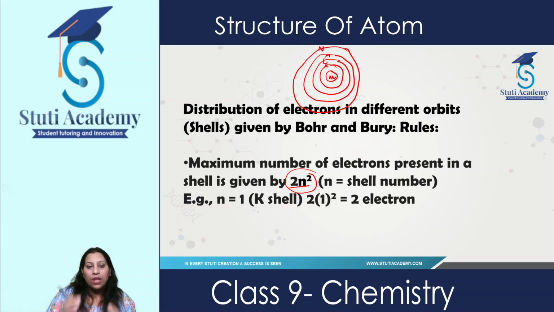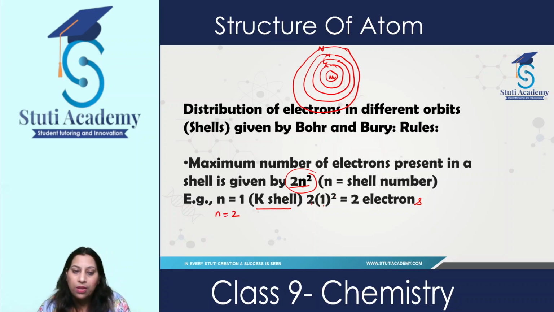Okay. Now n represents the number of the shell. So n=1 means K shell. According to the formula, 2 n square, if we write 1 in place of n, because n shows the shell number, so I have written 1 here and 2 square, and if you solve it, it becomes 2 electrons. And if we are talking about n equal to 2, this is L shell.